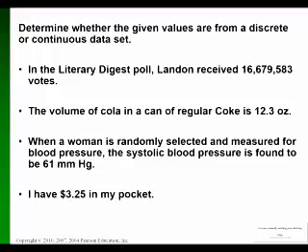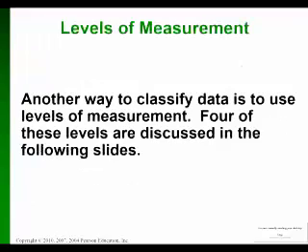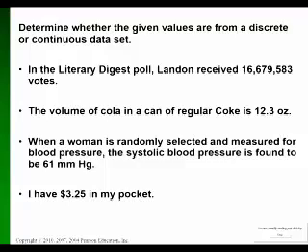All right. Now, what about I have $3.25 in my pocket? Is that a count or a measurement? So is it discrete, but it's not a whole number? It's still discrete because it's a count, and we can't be more precise than that.